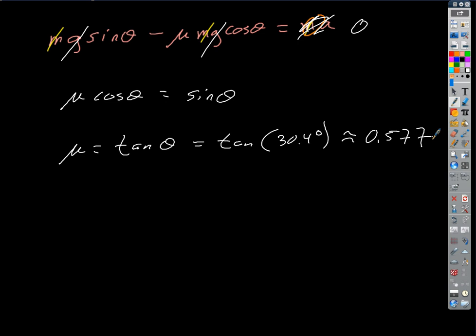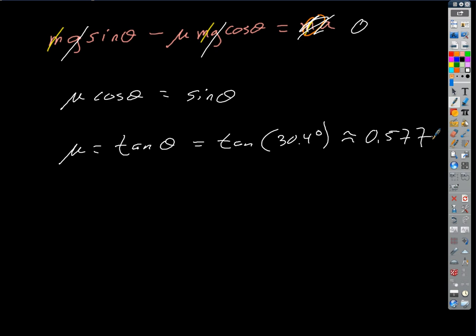Okay, make sense? Isn't that kind of strange, that the coefficient is, in this case, just equal to tangent theta? It makes sense if you think about it, though. Really, all this is the perpendicular component of the gravitational force times mu, equal to the parallel component.